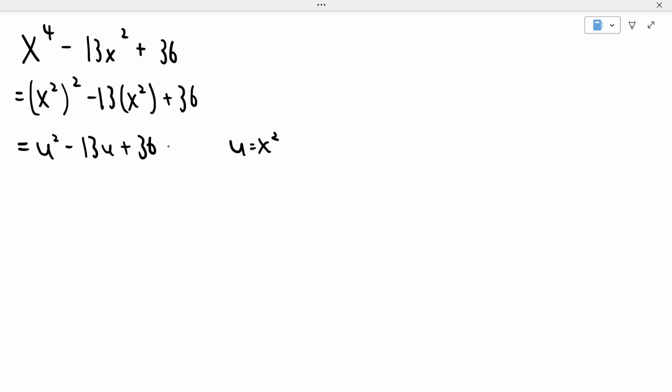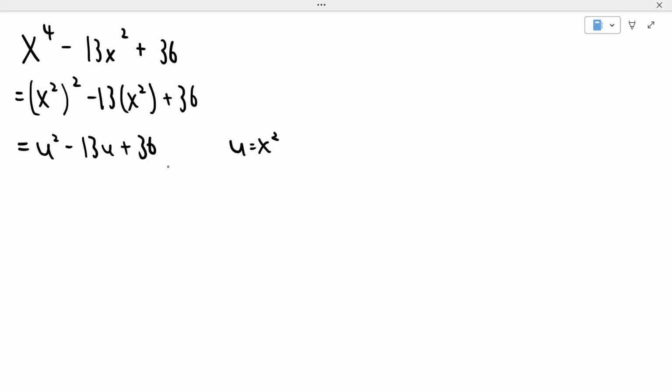So now this expression is a quadratic trinomial in terms of u, and we can use the usual techniques for factoring trinomials. So in order to factor the trinomial, u squared minus 13u plus 36, we need to find two numbers that add to negative 13, which is the coefficient in the middle term, and multiply to 36, which is the constant term.